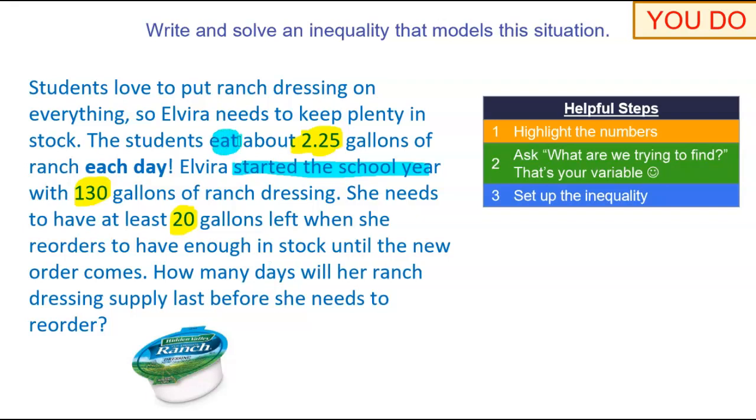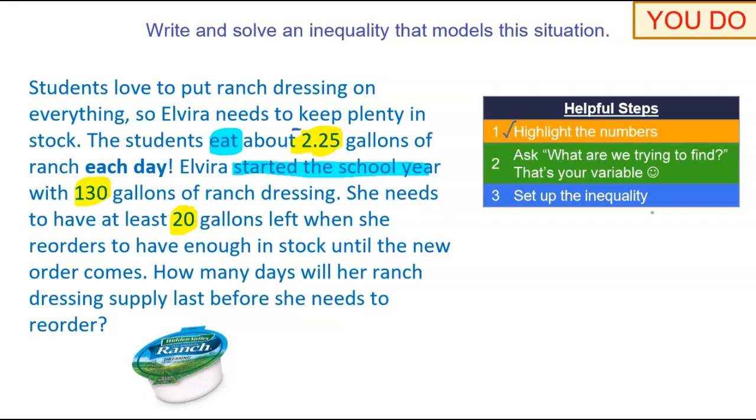Also, the students are eating 2.25 gallons of ranch. So maybe that indicates we're losing it. Like this might be a negative number, negative 2.25. Okay, so those are some interesting things that might be useful to us when setting up our inequality.